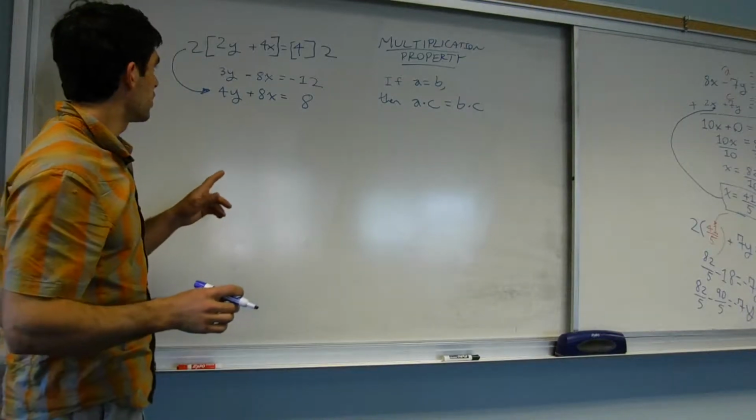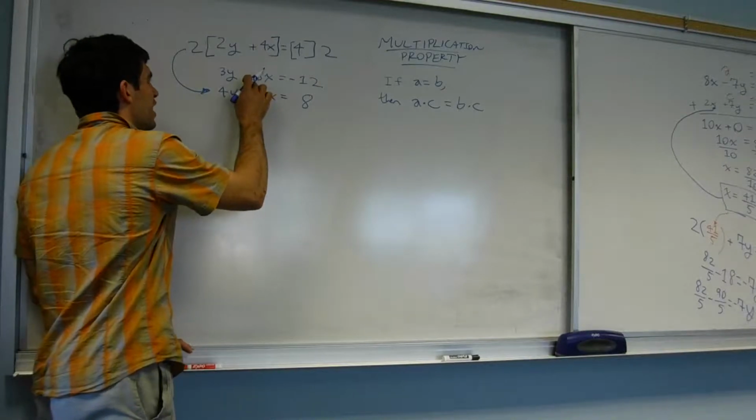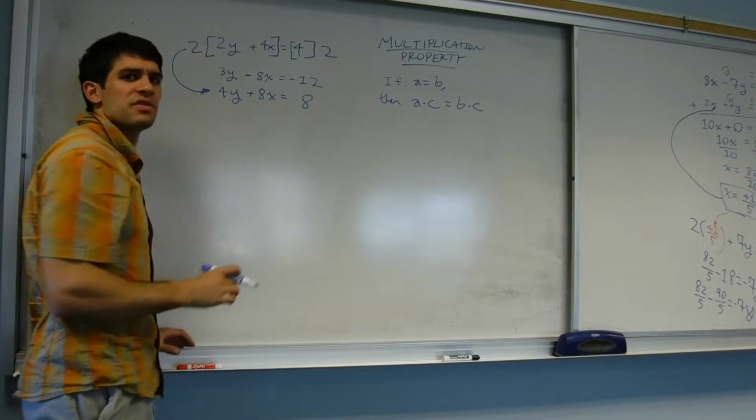So since we multiplied this equation by 2, now we have a -8x and a positive 8x.